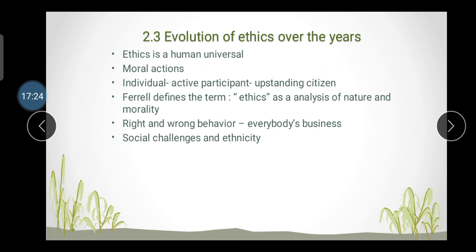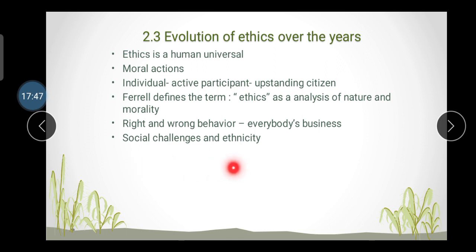We cannot always identify that, because every person has a different mindset and a different ideology. At that time you cannot easily identify what is good and what is bad behavior. So according to the situation you can find that this behavior is right for this situation and this behavior is not right for this situation.